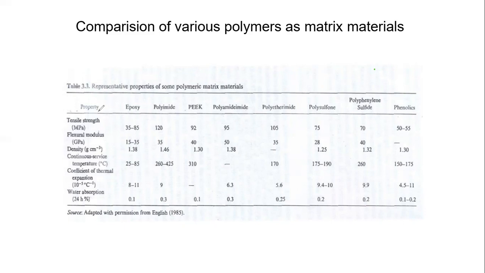In the properties, we are taking the tensile strength, flexural modulus, density, service temperature, thermal expansion, and water absorption. The matrix materials are epoxy, polyamides, PEEK, which means polyether ether ketone, polyetherimide, polysulfone, polyphenylene sulfide, and last one is the phenolics.